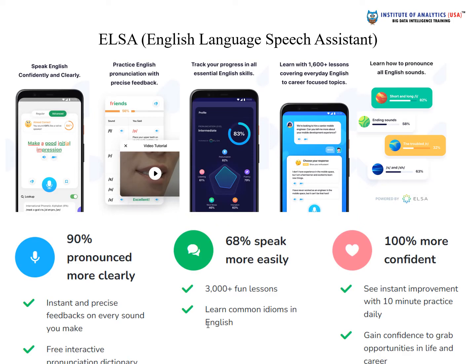Then the next true AI application that I like is the English language speech assistant, and it helps people to pronounce more clearly, speak more easily, and more confidently.